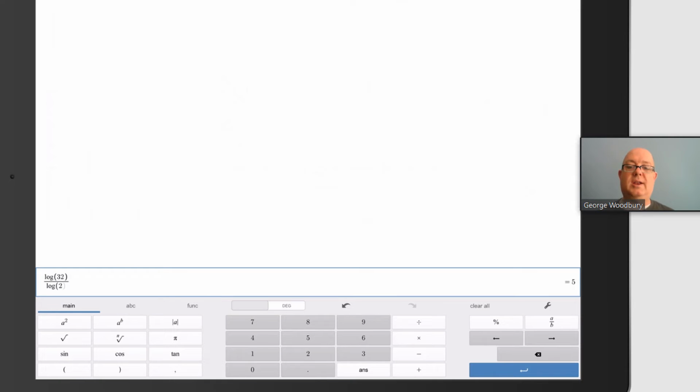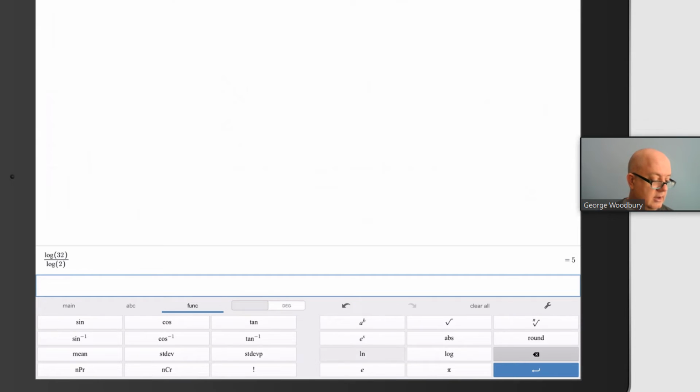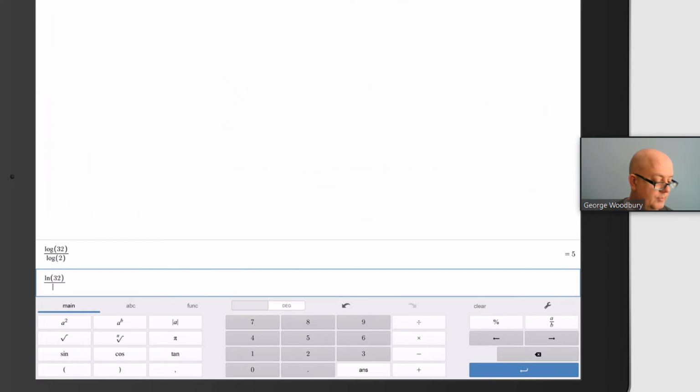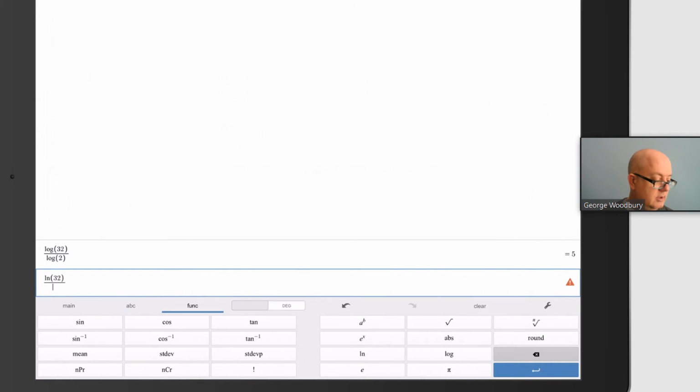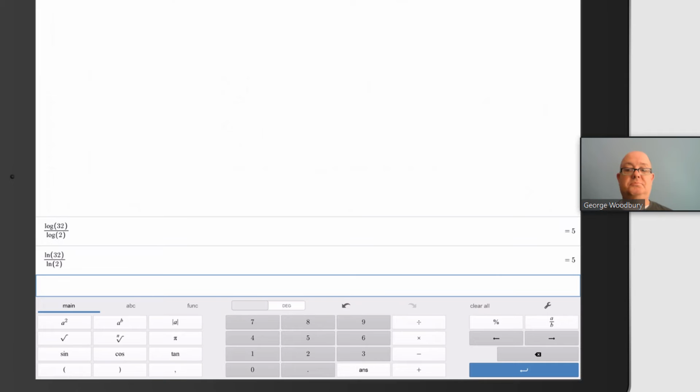And we notice on the right-hand side that we get 5. If I use natural log, I'll get the same result. Function natural log main 32, divided by function natural log main 2, and again we get 5. So we got 5 either way.